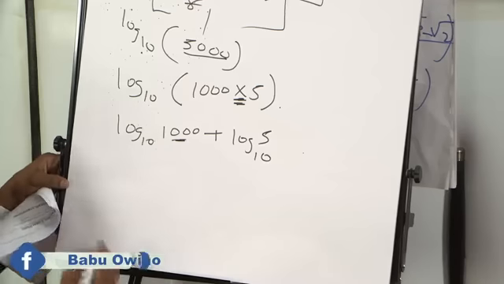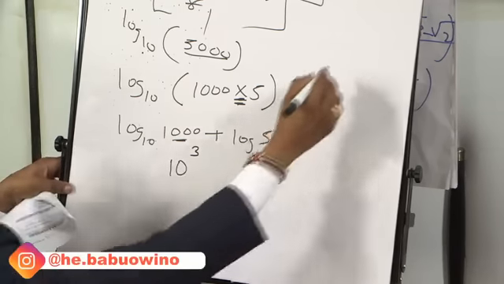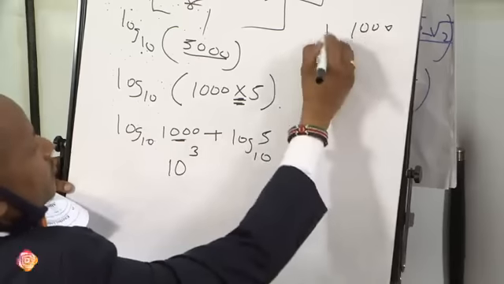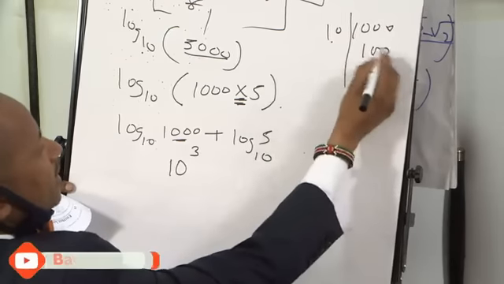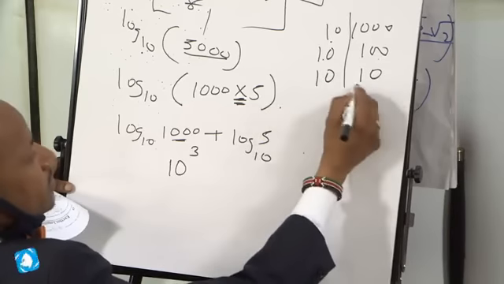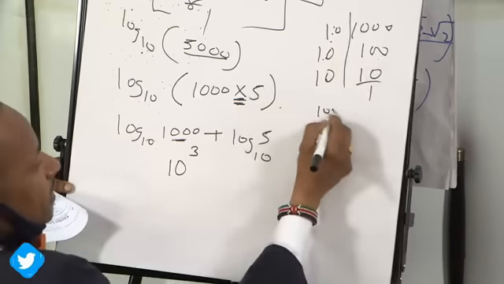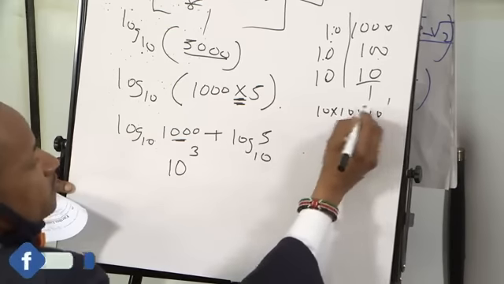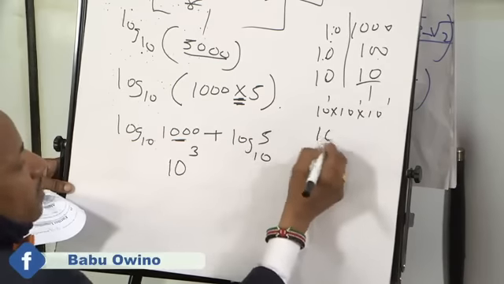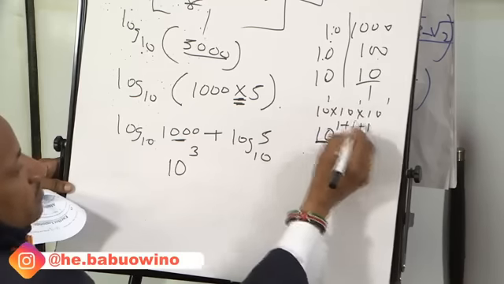Then if we further simplify, 1,000 is 10 raised to power 3. When you want to get 1,000, 10 into 1,000 is 100, 10 into 100 is 10, 10 into 10 is once. So this is 10 times 10 times 10, each raised to power 1. You take 1 as the base, then you add the powers, 1 plus 1 plus 1.